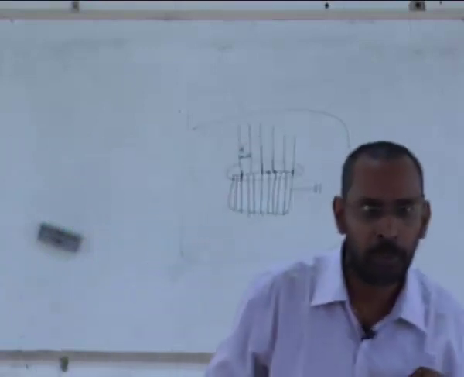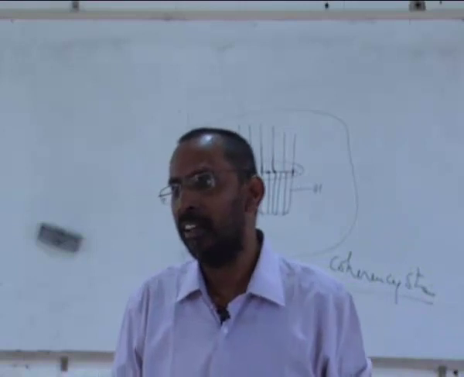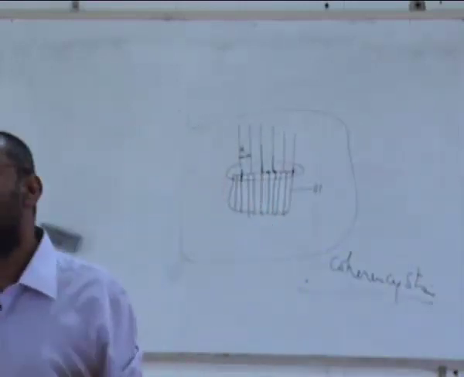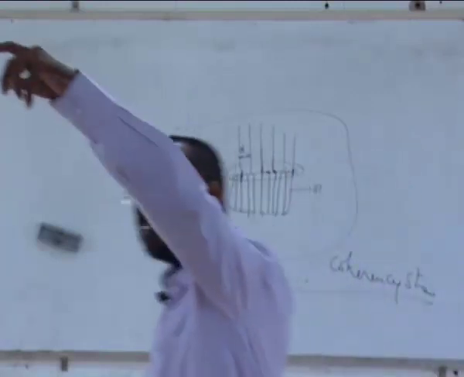What are those? Can somebody tell me? There is one plane in an FCC whose packing inside the plane is exactly similar to a plane in an HCP. Yes, tell me. 110 of what? Of FCC. Not confident. Anybody who has the answer?